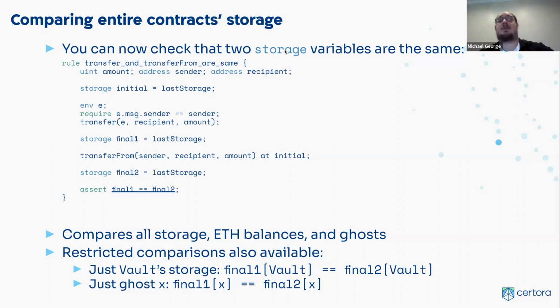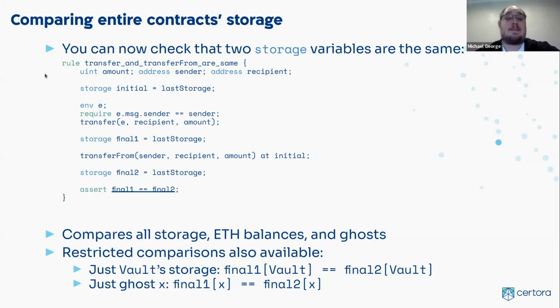So a storage variable sort of wraps up all of the state of all of the contracts, all of their storage, and also all of the ghosts. And in your rule, you can execute at a particular storage, and that sort of resets the blockchain to that state before executing this function.